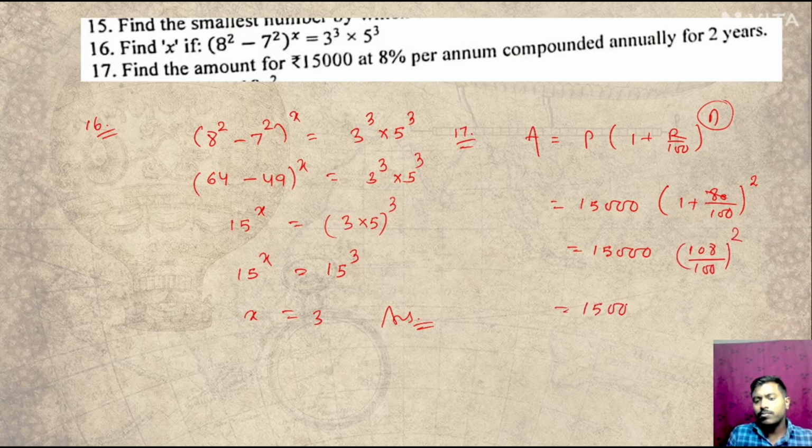Now 15000 into 108 by 100 into 108 by 100.